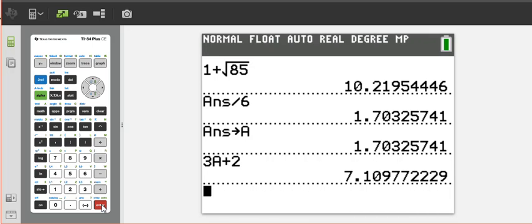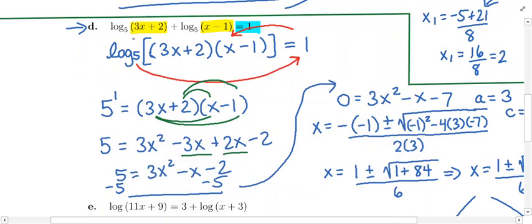Now just because the solution is good for the first logarithm, you still have to check the second logarithm. Maybe it works for the first but not the second. In the second logarithm, the quantity we're taking the logarithm of is x minus 1.